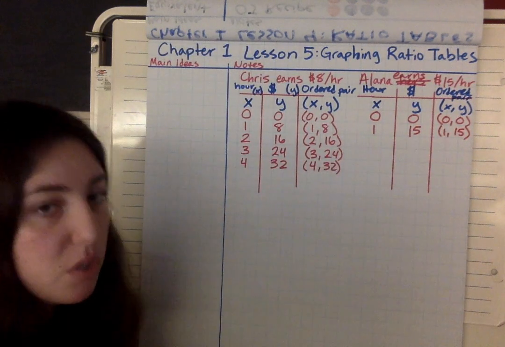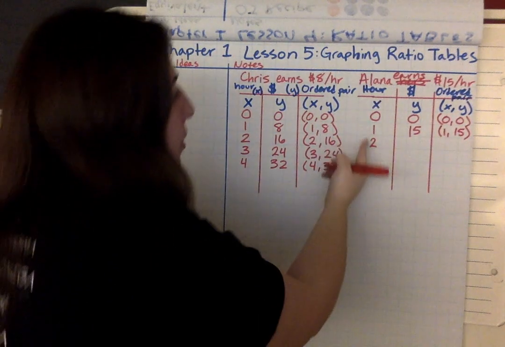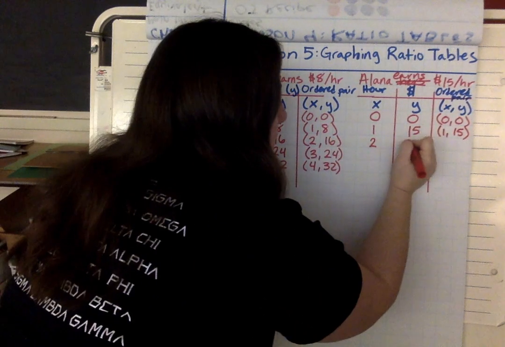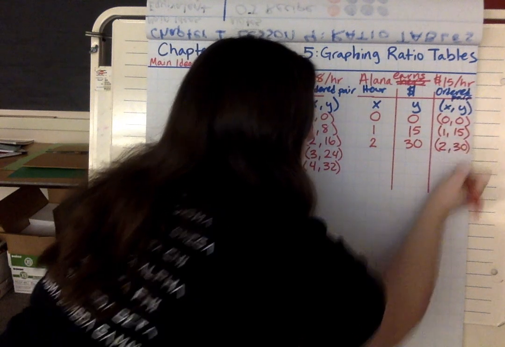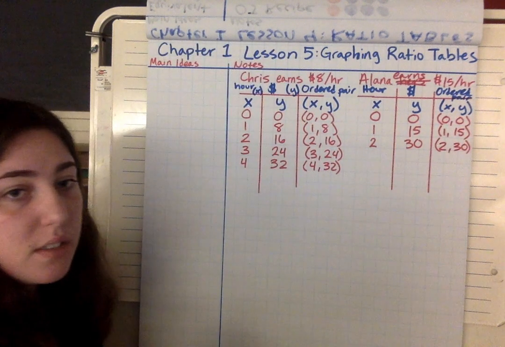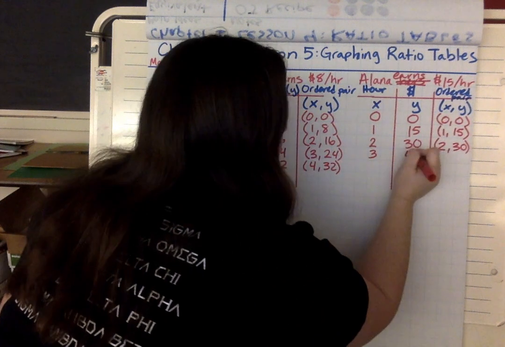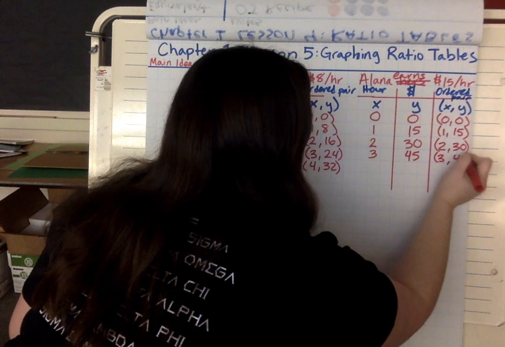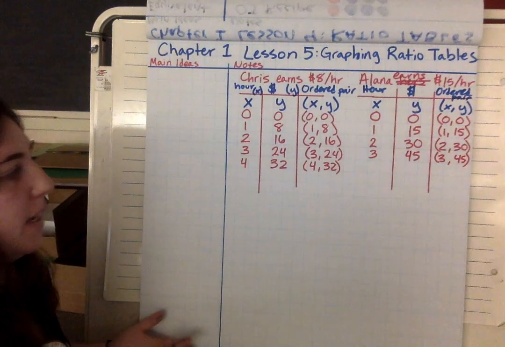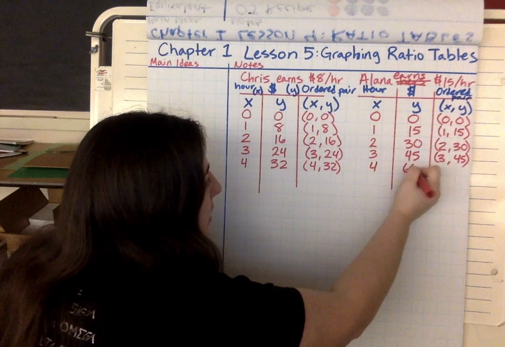Now if she works 2 hours, she works double the time, so she's going to make double the money. If she works 3 hours, she'll make $45. And if she works 4 hours, she will make $60.